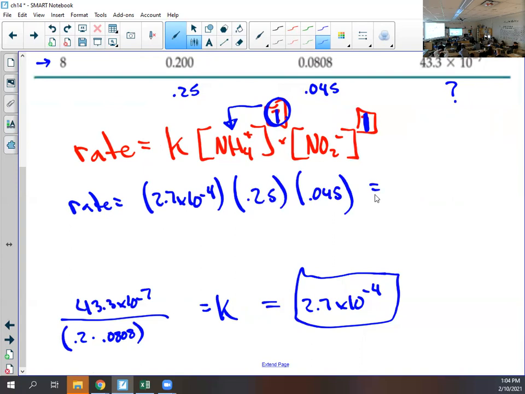Anyone have a rate yet? 0.0375. Start over. She popped bubbles at the wrong time. Not for the second. 3.0375 times 10 to the negative 6. Okay, I lost track, but we're just going to call it 3 point something times 10 to the negative 6.